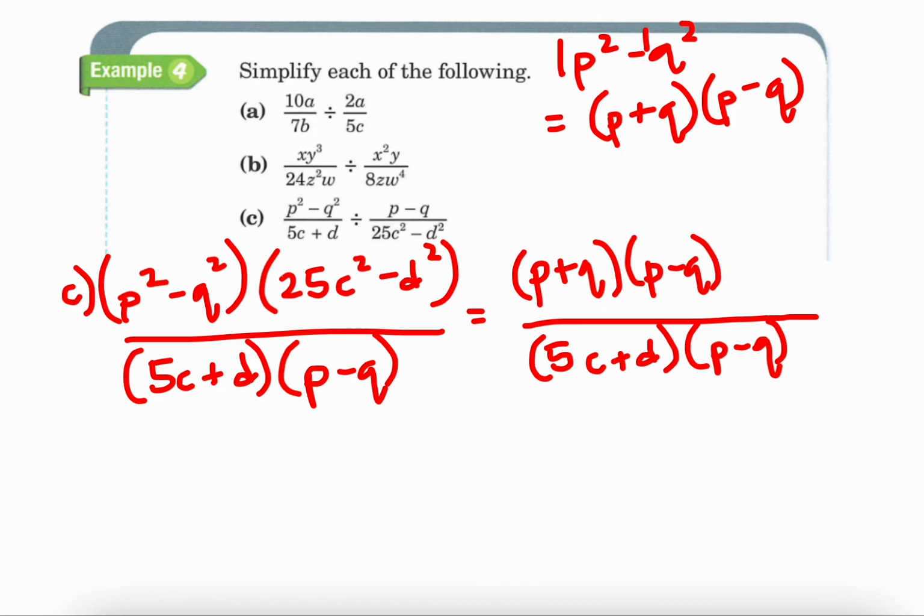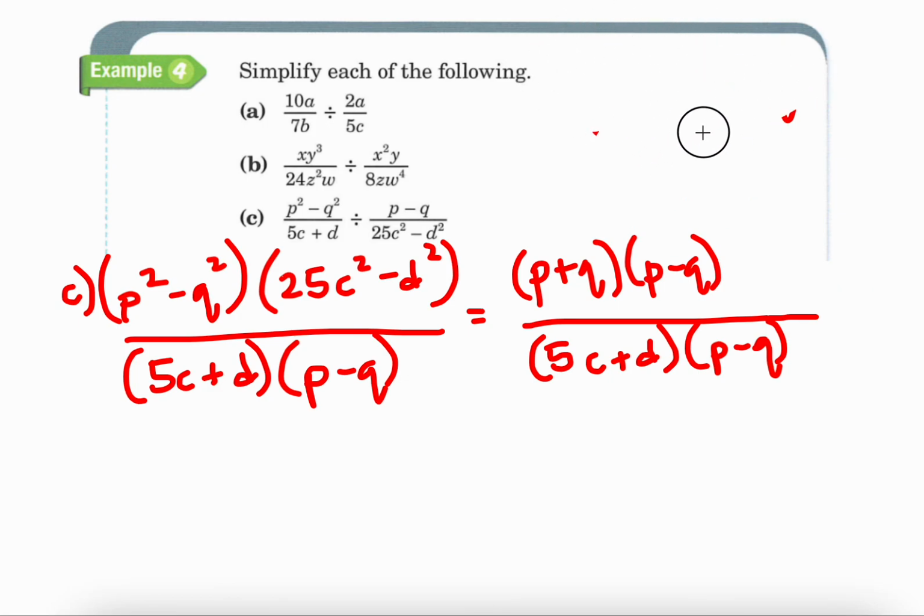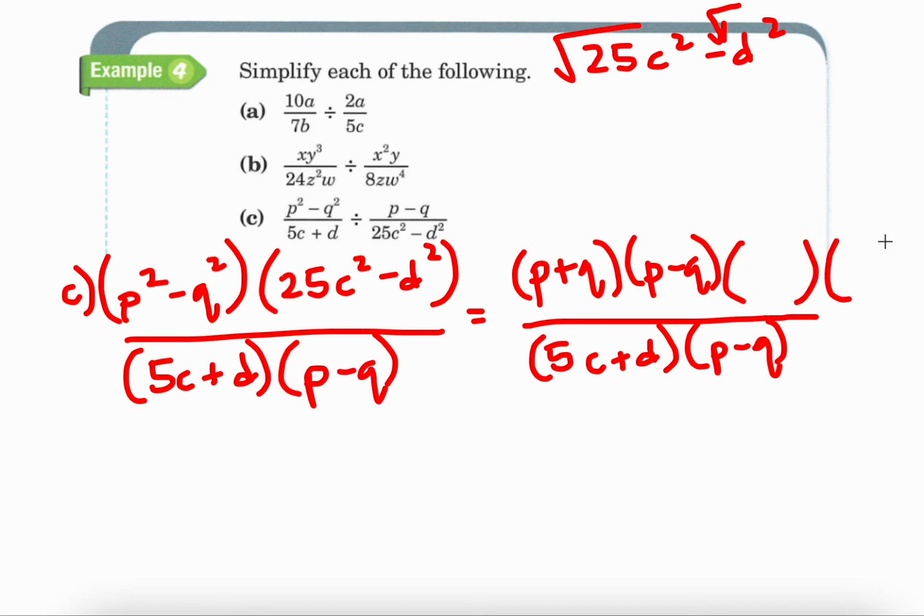And then we have this last part right here, 25c squared minus d squared. Again, alarm bells going off in my head because I see perfect squares. 25 is a perfect square, and so is this 1 right here. And again, no middle term. They're being so nice to us. So at the end, I'm going to have two special cases, binomials being multiplied together.